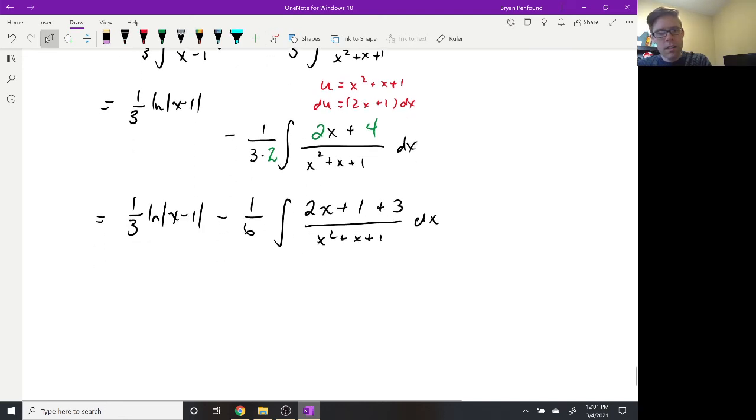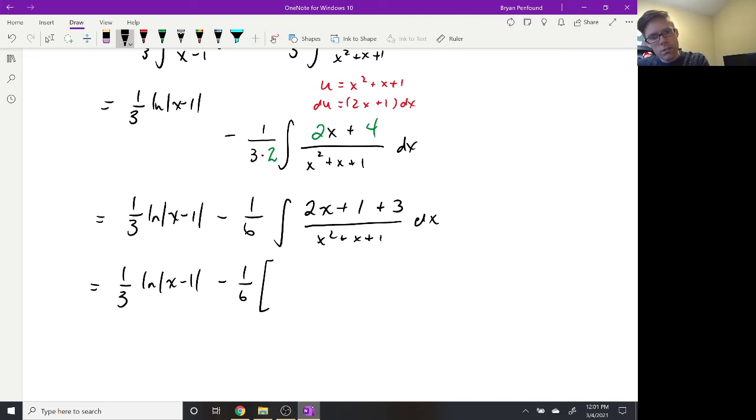So what I'm going to decide to do here is maybe just break apart these two fractions as follows. So let's see. I'll keep the 1/6, and then we're going to separate this into two different integrals. We're going to have an integral dealing with the x portion of the question, and then an integral dealing with the leftover 3 portion.